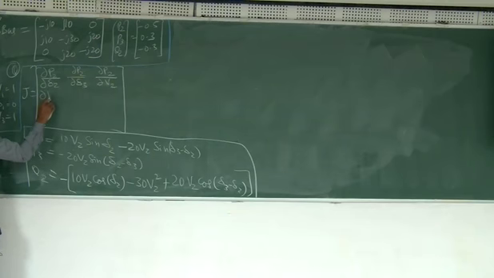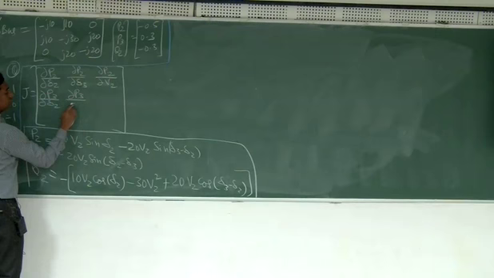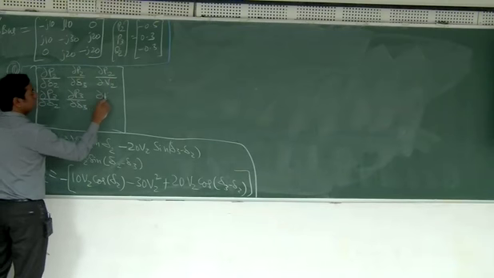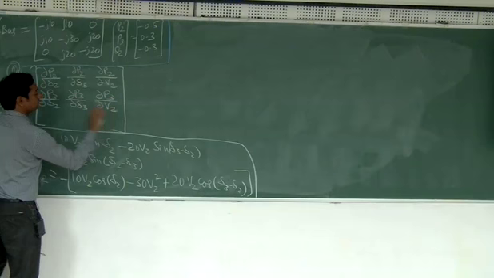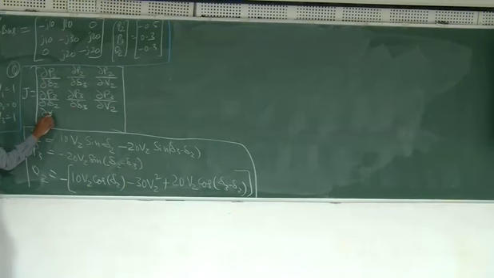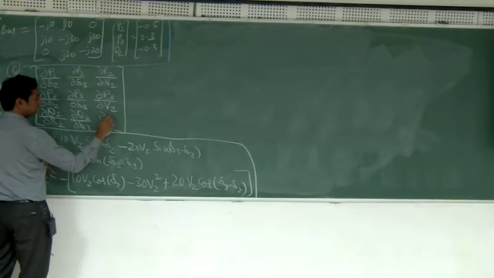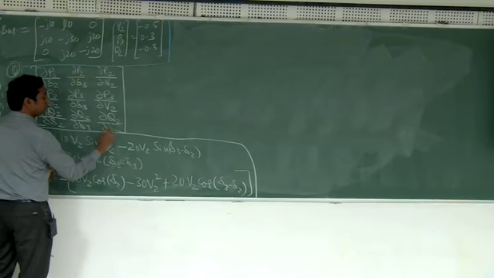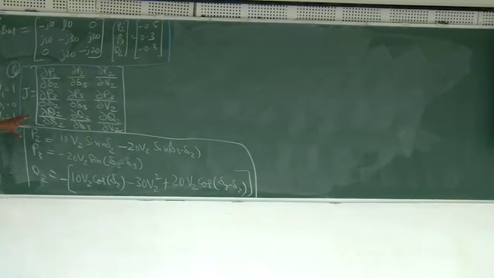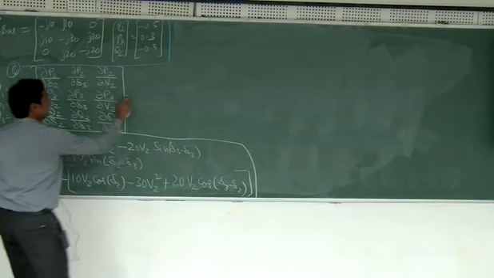Differentiate the second function with the first variable, second variable, and with the third variable. Then this is the row. So this is my J.